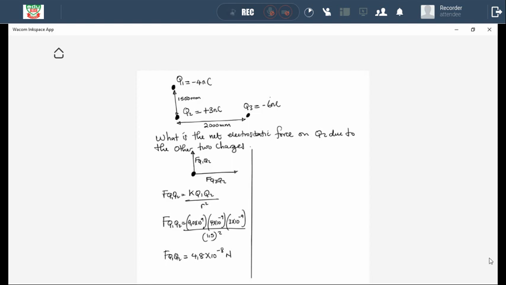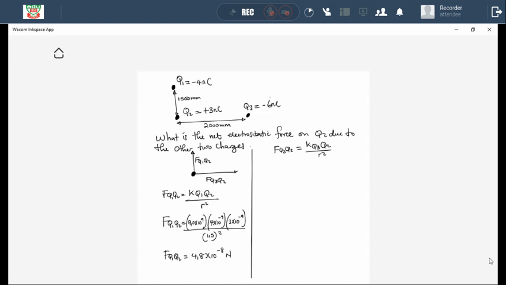Good. Then I have to determine also F Q3Q2, right? Quickly, F Q3Q2 is equal to k Q3 Q2 over r squared.